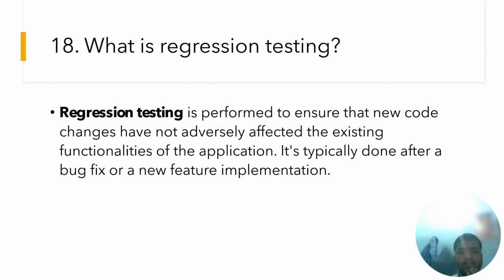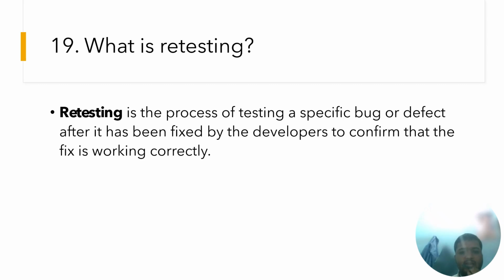What is regression testing? Regression testing is performed to ensure that new code changes have not adversely affected the existing functionality of the application. It's typically done after a bug fix or new feature is implemented. What is retesting?